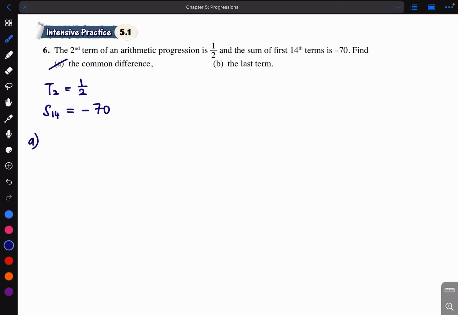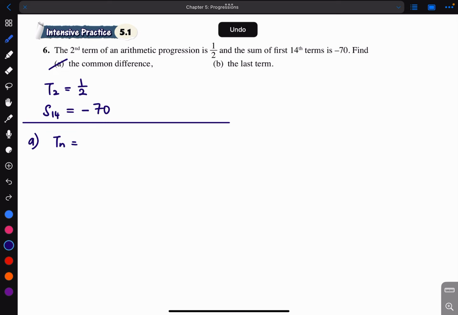Right. So to solve this, we need to build two equations. The formula for Tn will be a plus n minus 1 d. So T2 will be a plus 2 minus 1 d.